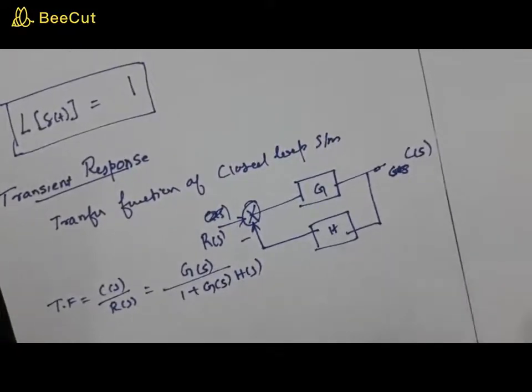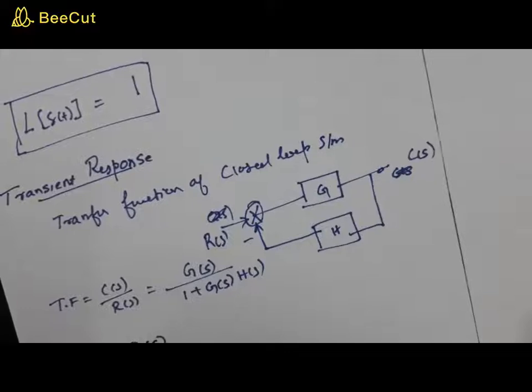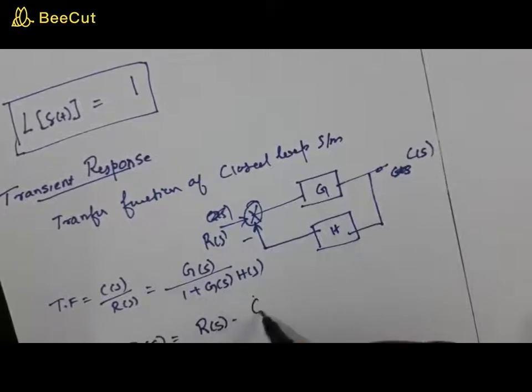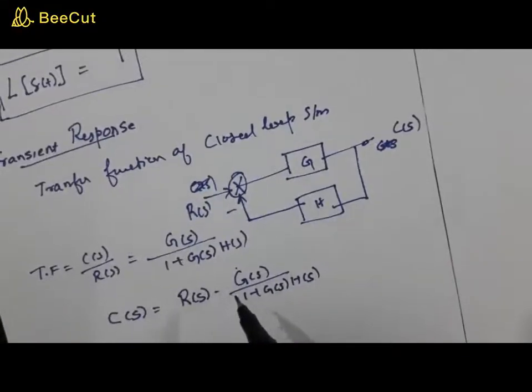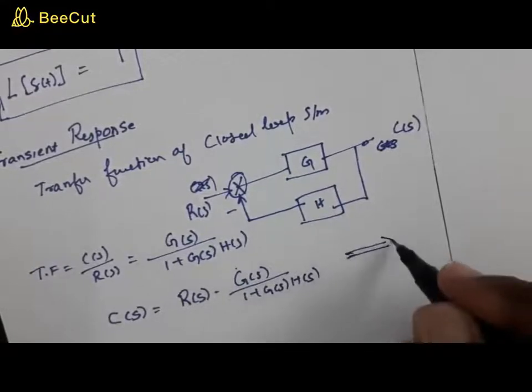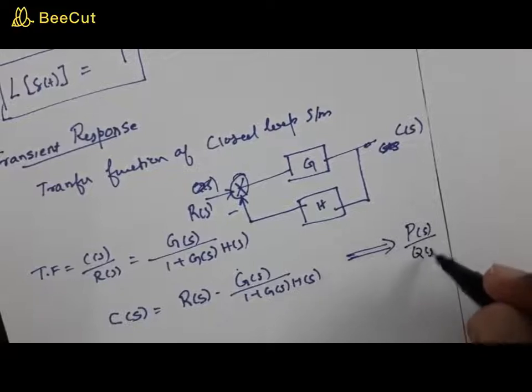From this you will be able to get C of S, which will be R of S into G of S by 1 plus G of S H of S. So you will be getting a function of S domain, which can be treated as some P of S by Q of S form.